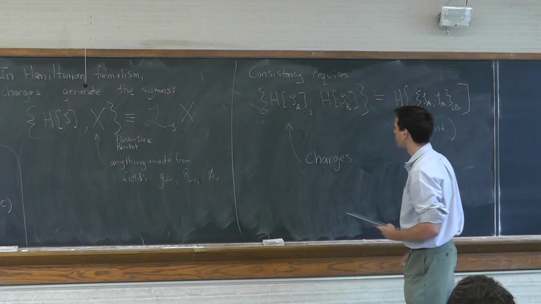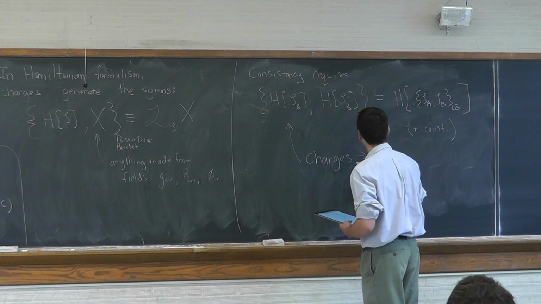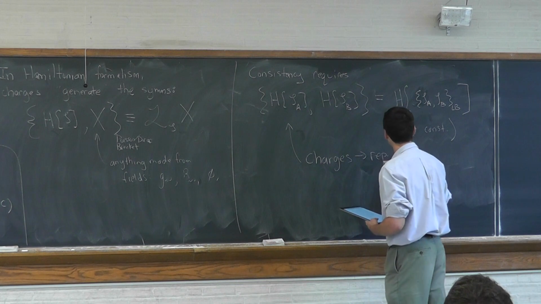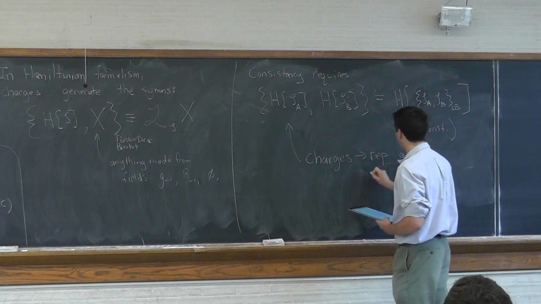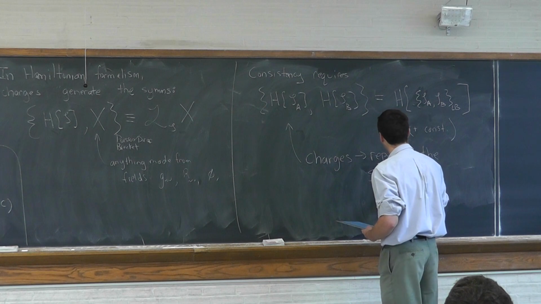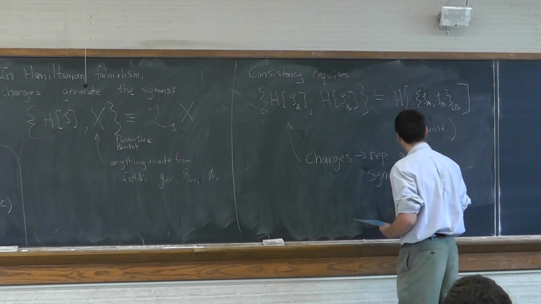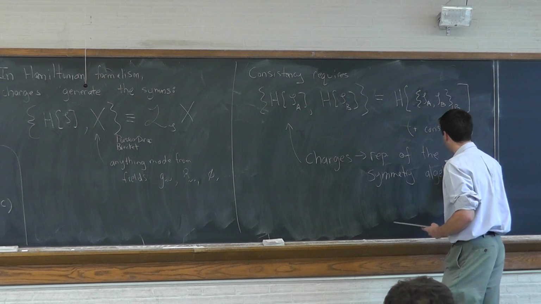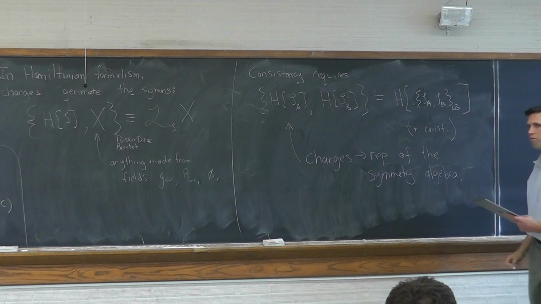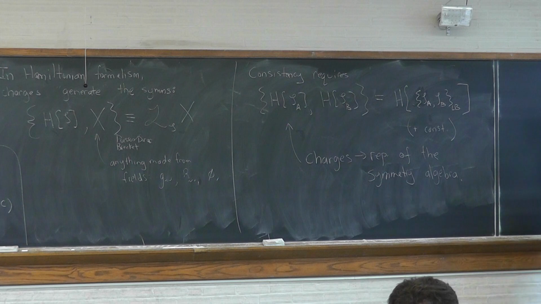So the point is that the conserved charges give you a representation of the symmetry algebra. This is always true. This is true in E&M as well. I'll mention that example in a minute.